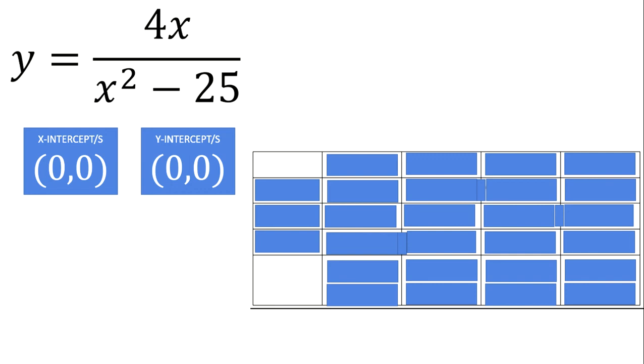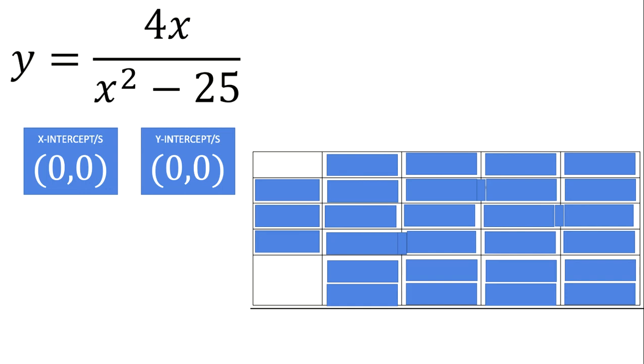Well, for the vertical asymptote, by looking at the denominator, we have here x squared minus 25, which is a difference of two squares. So there are two factors, x minus 5 and x plus 5. Therefore, there are two vertical asymptotes, which are x equals negative 5 and x equals 5.